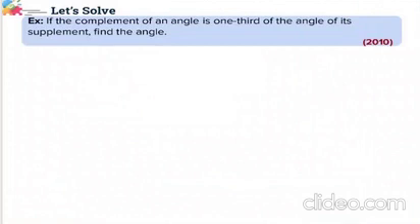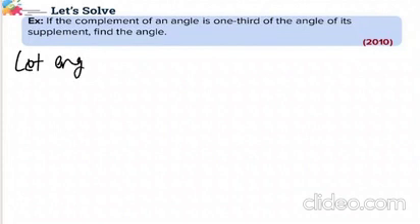Now, if the complement of an angle is 1/3 of the angle of its supplement, then find the angle. So what is it? If the complement of an angle is 1/3. Okay, so let's say that we want the required angle. Let the angle be x.